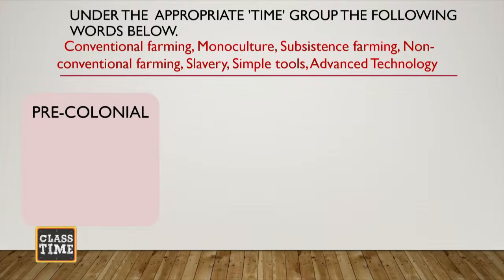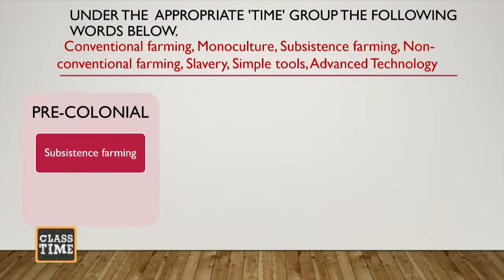First time, pre-colonial time, right? Which word here would fall under pre-colonial? Let's see if you're listening. Good, subsistence farming. Another one? Simple tools, great. So I see Tanisha was listening. Let's try another one. Colonial time.